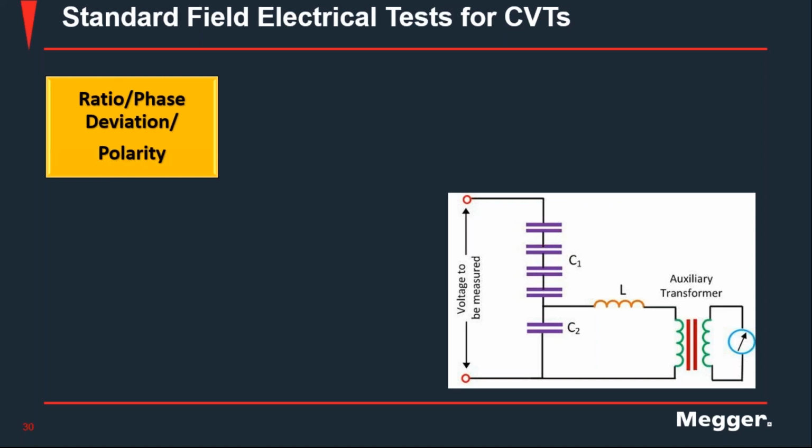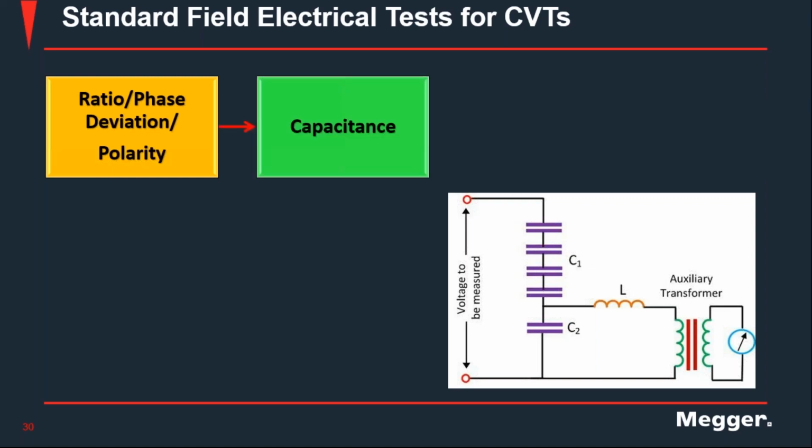The ratio in these instrument transformers is a little bit tricky to measure, because now you are dealing with the capacitive part. You need high voltage to perform the test. At least 2000 volts and a very accurate metering system inside the instrument to be able to get the proper ratio and the proper phase deviation.